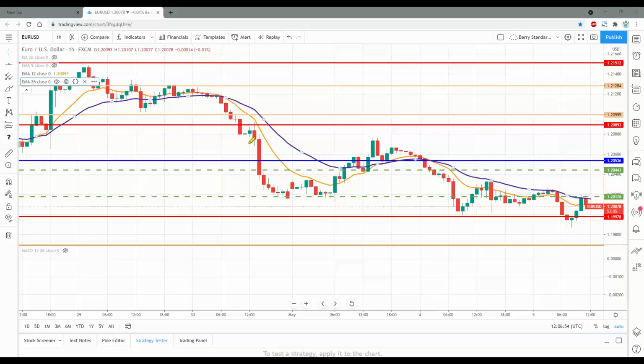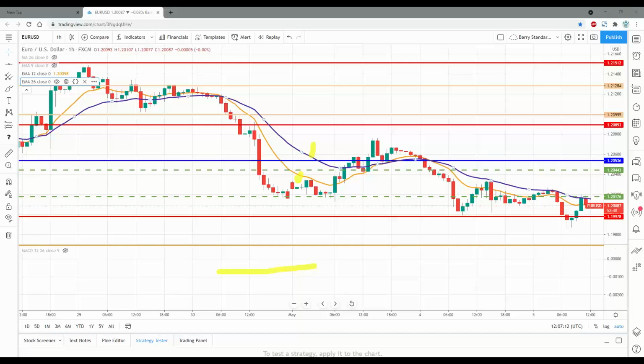Because MACD is an indicator of an indicator of an indicator of an indicator. So what we do with MACD is we take this number here and subtract this value here, and we plot it below the chart.